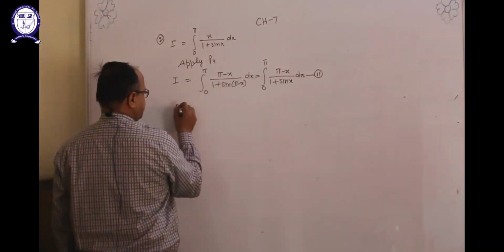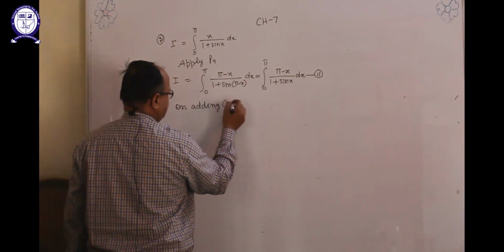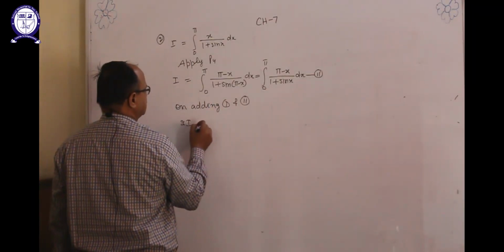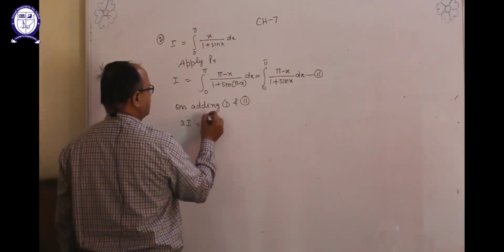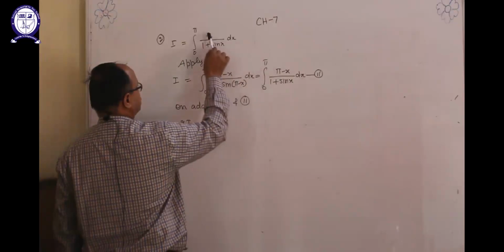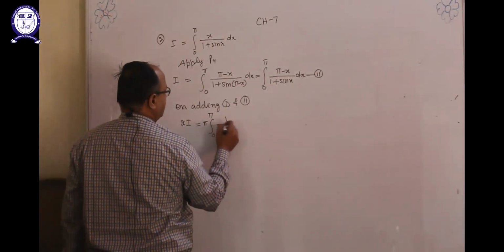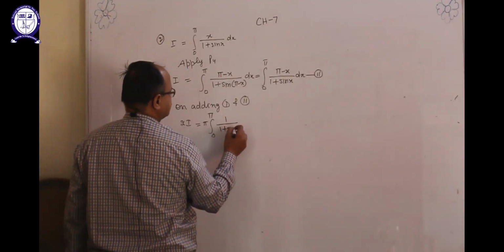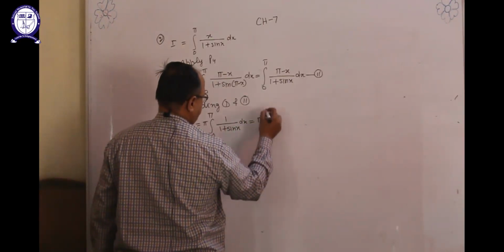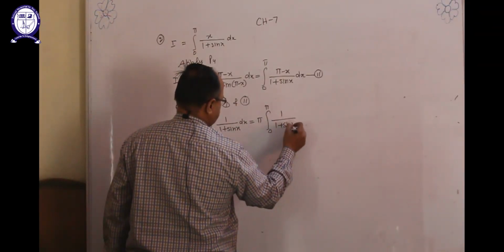On adding first and second, I plus I is 2I, that is integration 0 to pi. You know that x plus pi minus x, the x term will cancel. Therefore 2I is pi, integration 0 to pi of 1 upon 1 plus sin x.